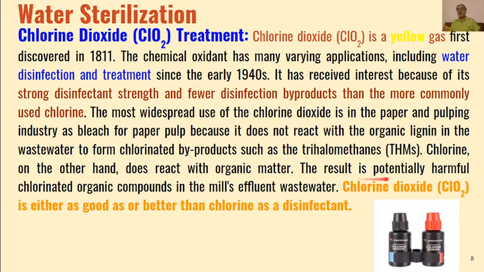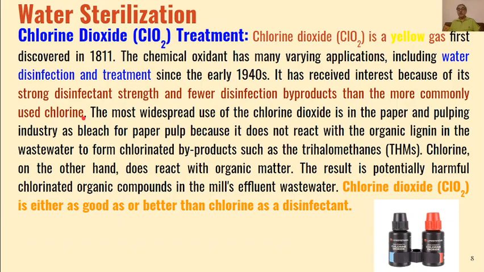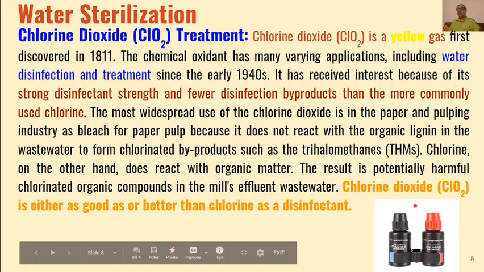The formation of potentially harmful chlorinated organic compounds gives us effluent wastewater if we use chlorine. So that is why instead of chlorine in the paper and pulp industry, we use chlorine dioxide. In the paper and pulp industry, chlorine dioxide is used exclusively.